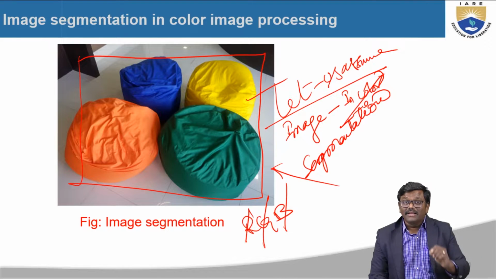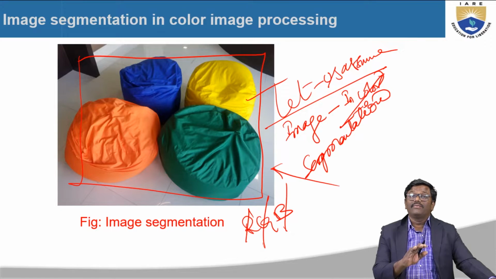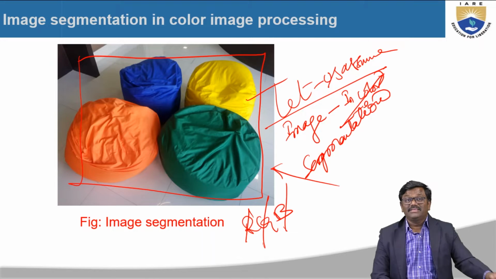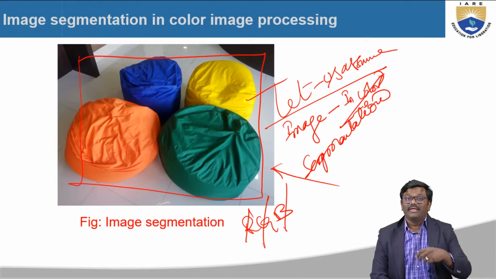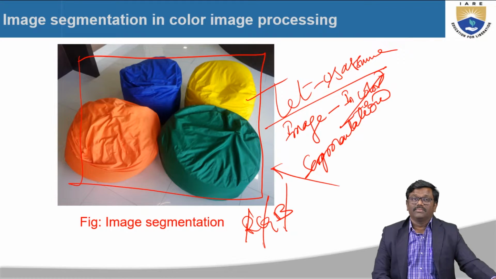Image segmentation in color image processing is the best example of this, which shows one label divided into subparts of colors, to compare one color with another within the same label of the image. Such a process is called image segmentation. Because we are concentrating on color image processing, this is image segmentation in color image processing. Of course, you got my point from this explanation of the image.